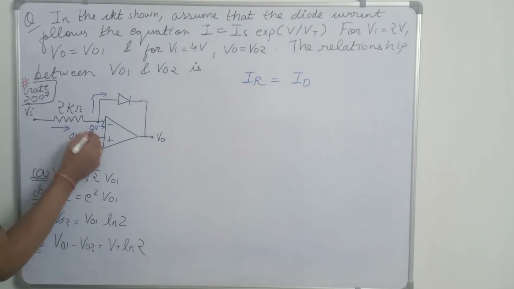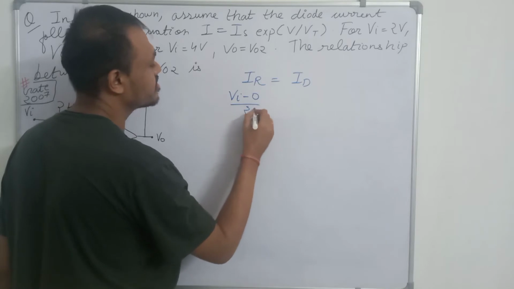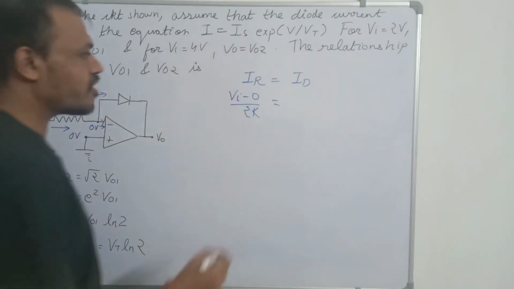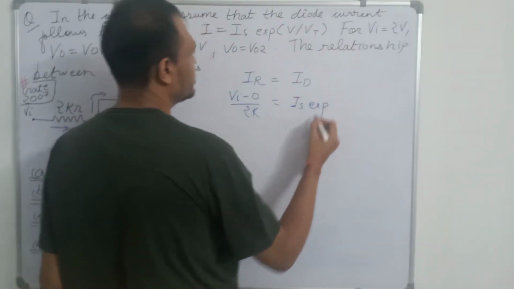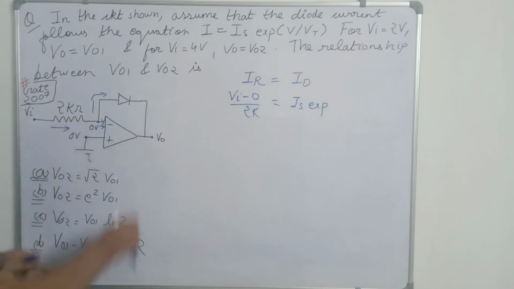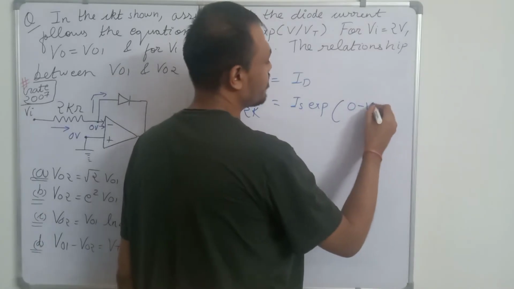Now the current through the resistor is Vi minus 0 upon 2K, and the current through the diode, we have to use this formula, Is exponential of the voltage across the diode upon Vt.